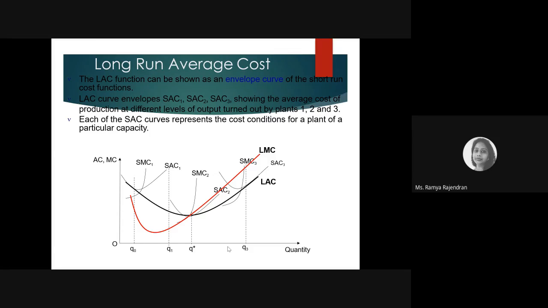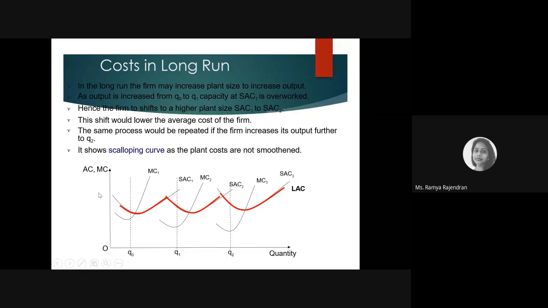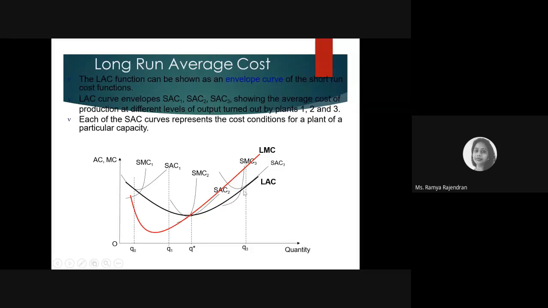So this curve that we see here, you'll be smoothing this curve. This is your long run curve. You are creating an envelope curve for all the short run cost functions through smoothing.